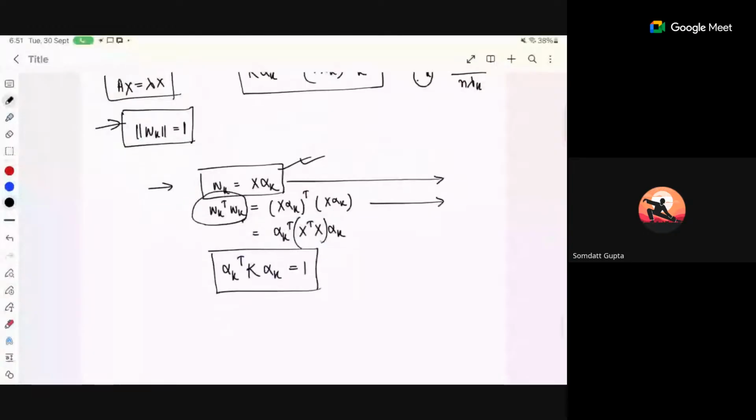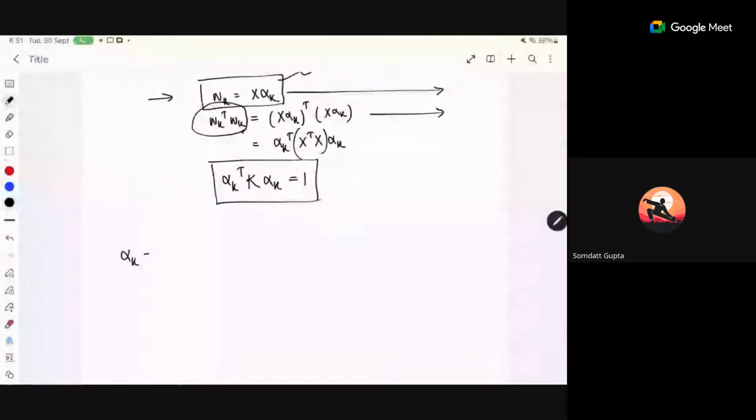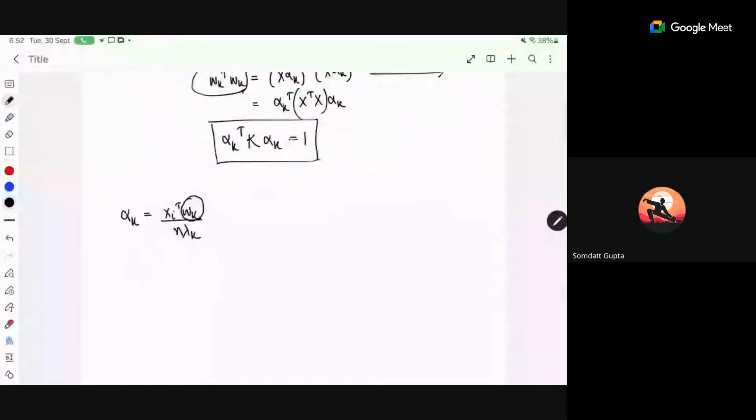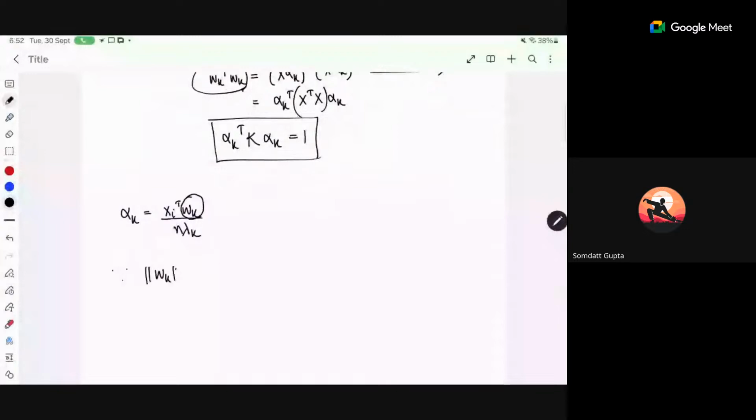Since WK length has to be 1, what can we write? How do you define this length? It is given by WK transpose WK, right?